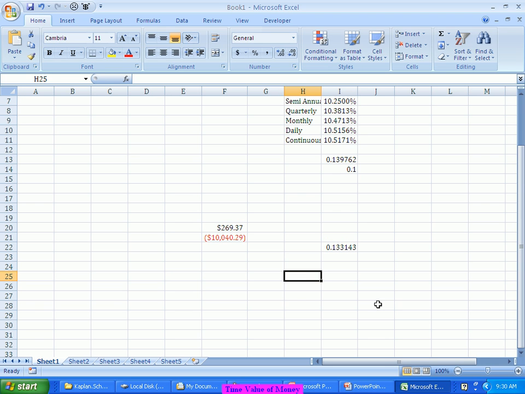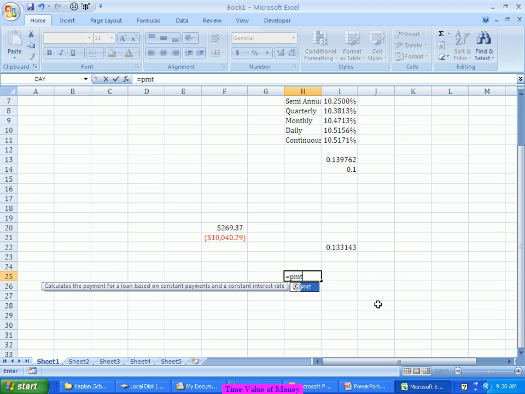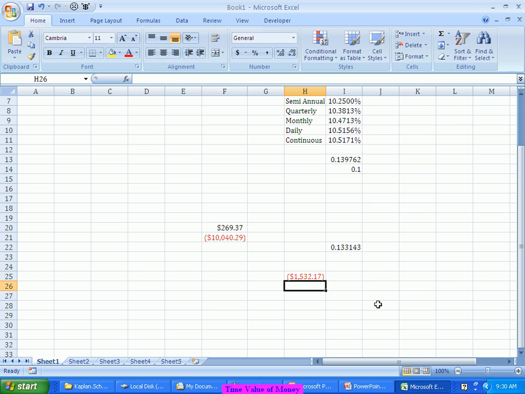So I have to go for PMT. The interest rate is 9% by 12. The number of periods is 72. PV is 85,000. Then no FV. So I have to pay an EMI, because it's a negative.